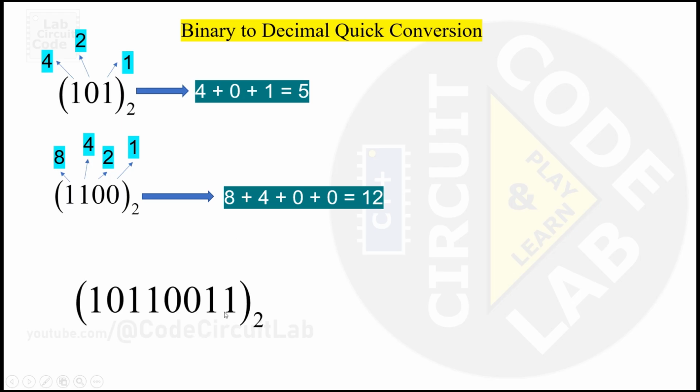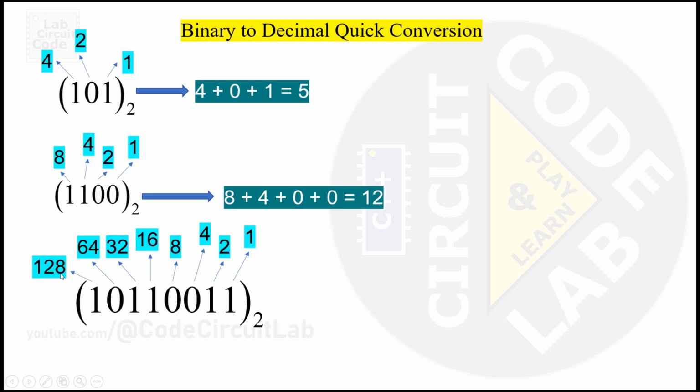Another example for this would be 1 byte size. The first one is standing at the place of 1, the second one is 2, third one is 4, fourth one is 8, fifth one 16, sixth one 32, seventh one 64, and eighth one is 128.